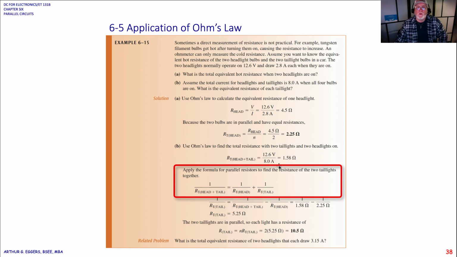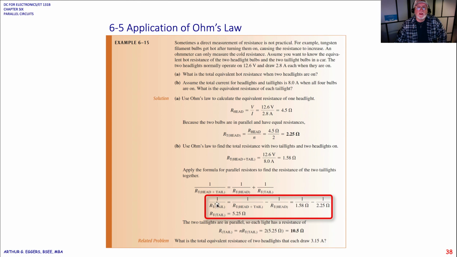Okay, so we're going to put these together and determine using the parallel relationship. So 1 over the total is equal to 1 over the total headlights plus 1 over the total tail lights. So in doing this, 1 over the total tail lights will equal 1 over the total headlights plus tail lights, minus, we're going to subtract out, the total for the headlights.